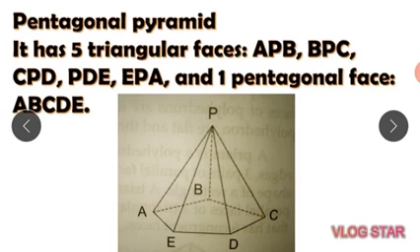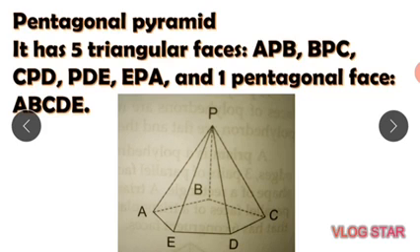That's 2. Triangle CPD, 3. Triangle PDE, okay, this. And triangle EPA. So these are the 5 triangular faces of a pentagonal pyramid.